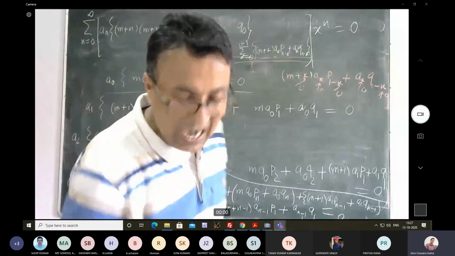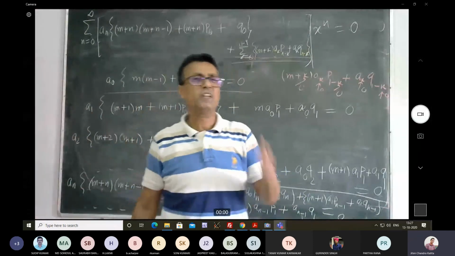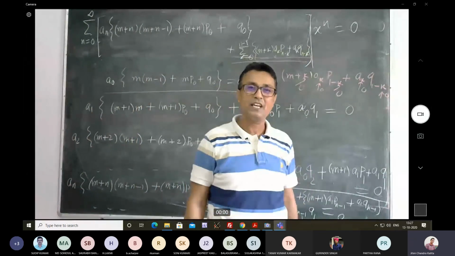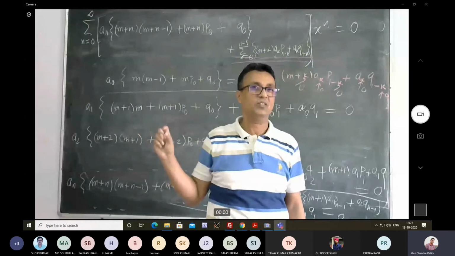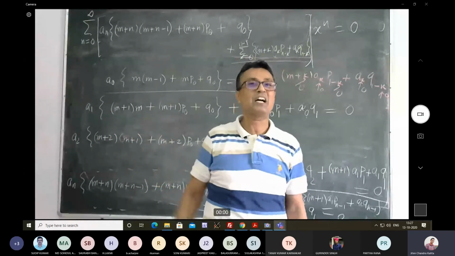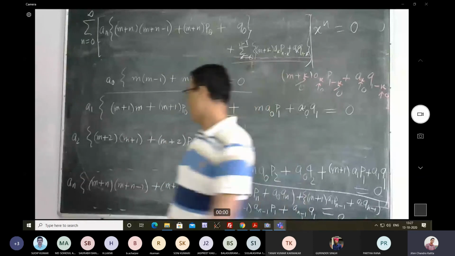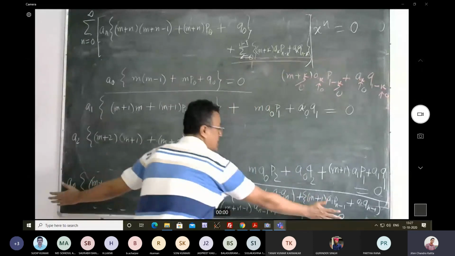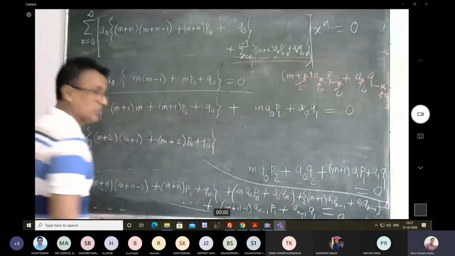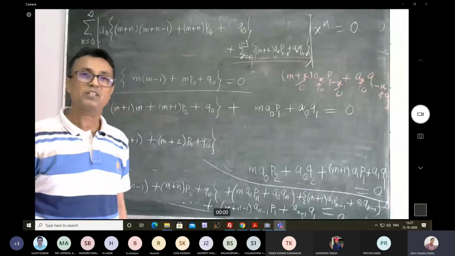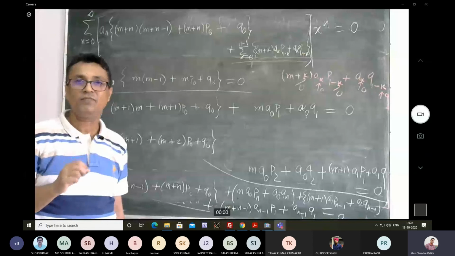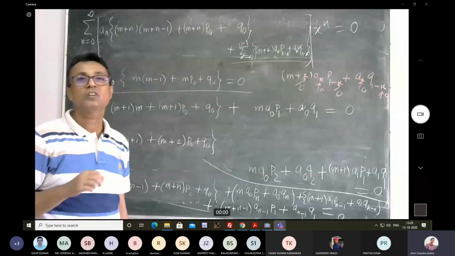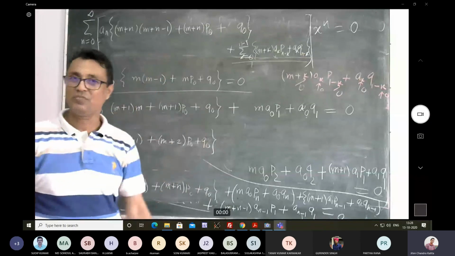I know that it is pretty lengthy and very mechanical, but each step is going to tell you some story later on. Don't worry about this being mechanical. You will see that from the last equation, I'll be able to interpret many of the possibilities that arise out of the roots of the indicial equation.